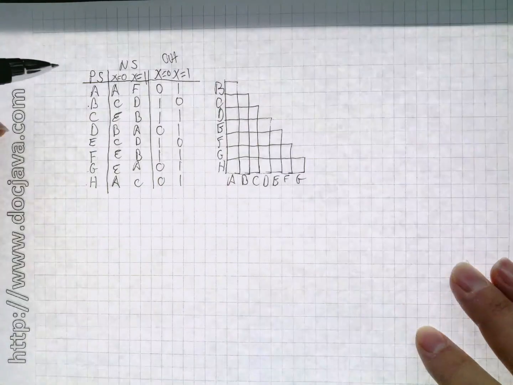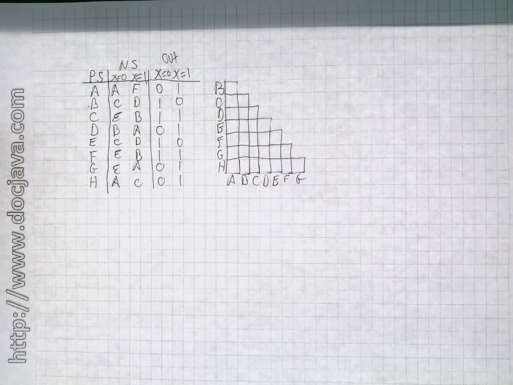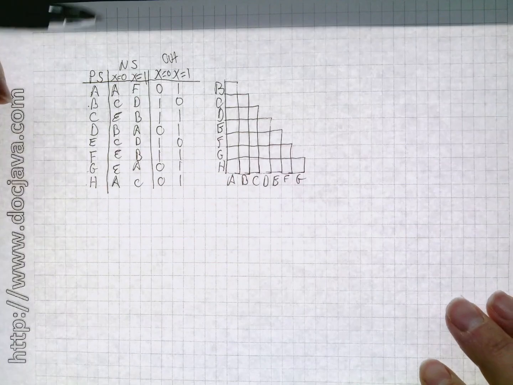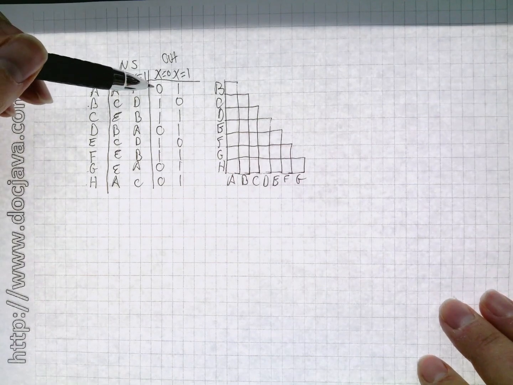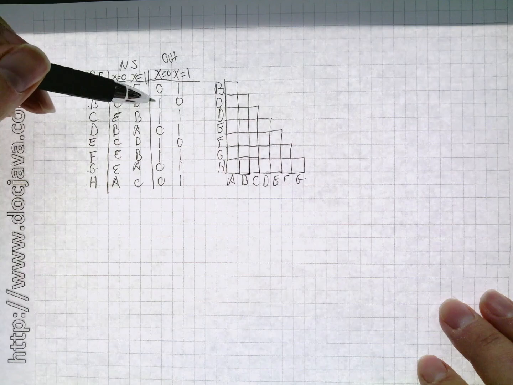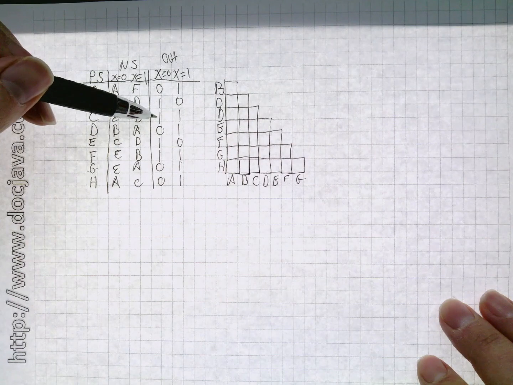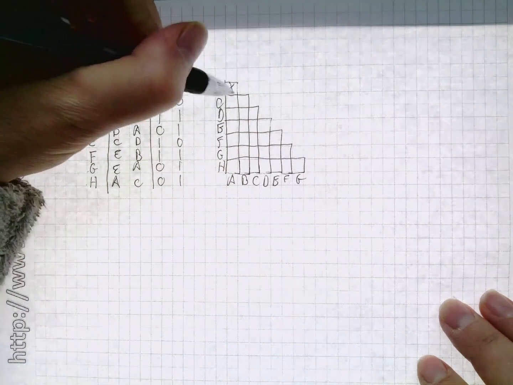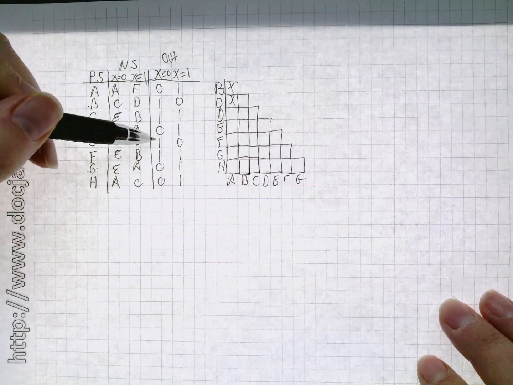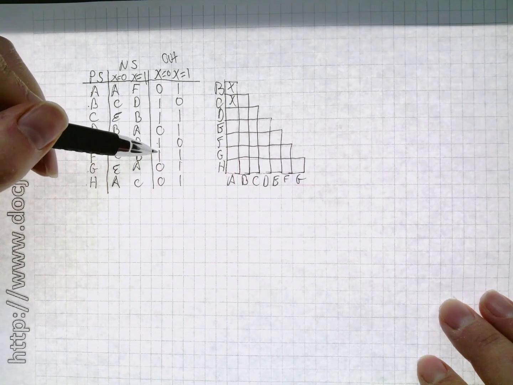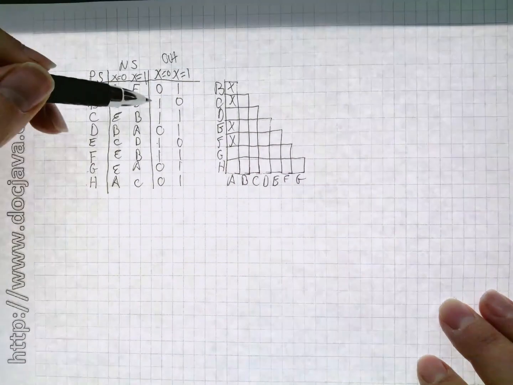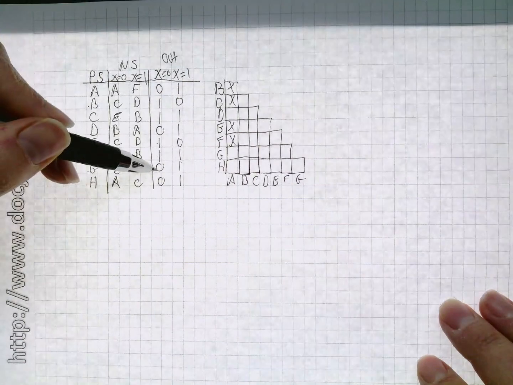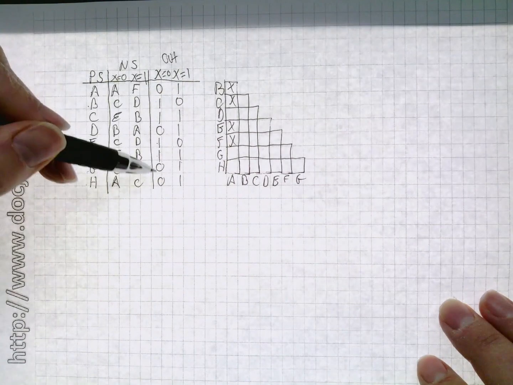Then we'll eliminate all those squares which have different outputs. So A is not going to be equal to B or C. It's also not going to be equal to E or F. It might be equal to G or H. The outputs are the same.